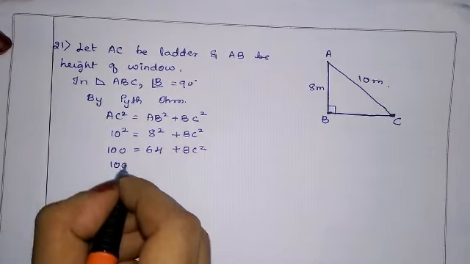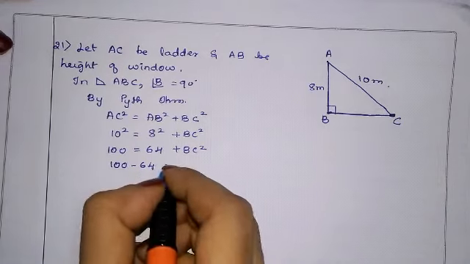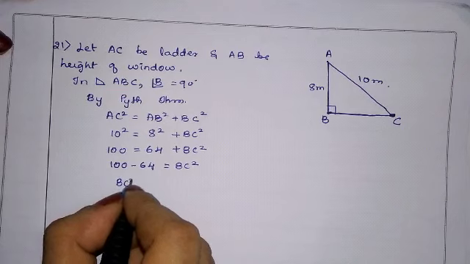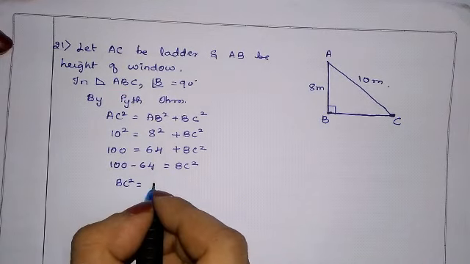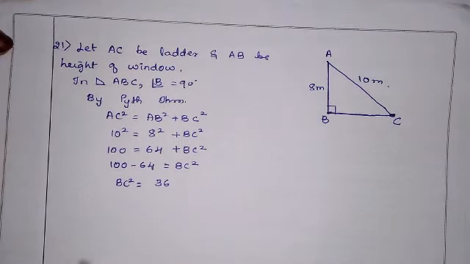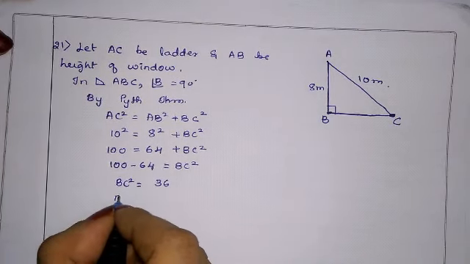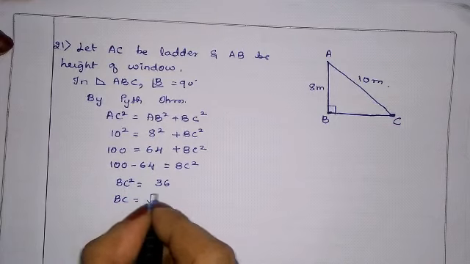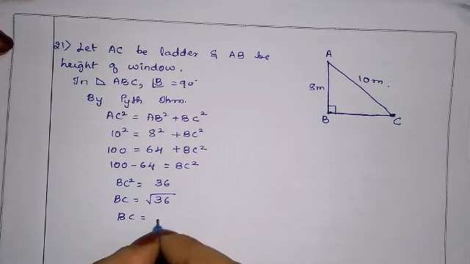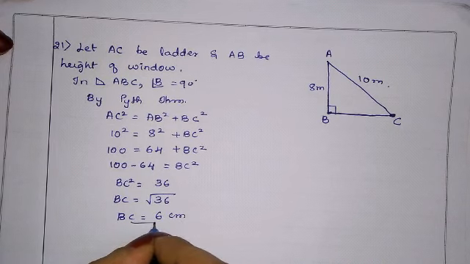Now 100 minus 64 is equal to BC square. BC square is equal to 100 minus 64, which is 36. BC is equal to root 36. BC is equal to 6 centimeter.